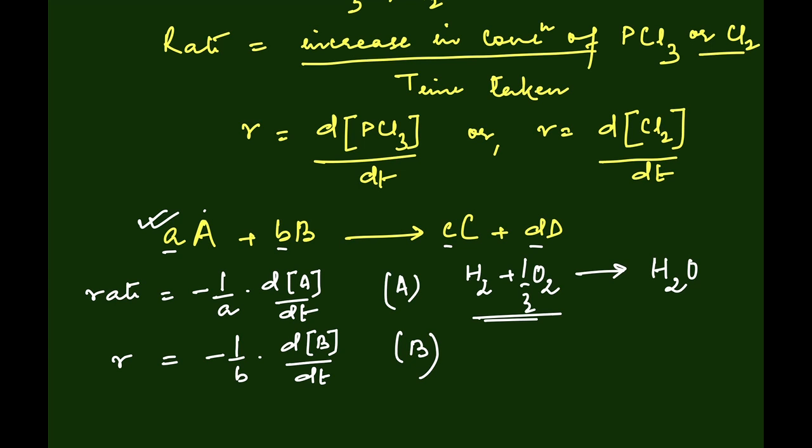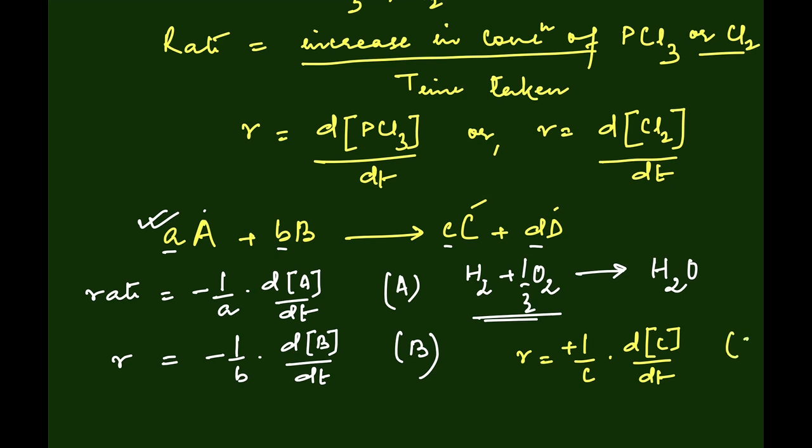Similarly, for the products, the rate will be equal to 1 by c, with a positive sign before the reciprocal of the coefficient, because the concentration of the products is increasing during the reaction. So we have d concentration of C by dt.